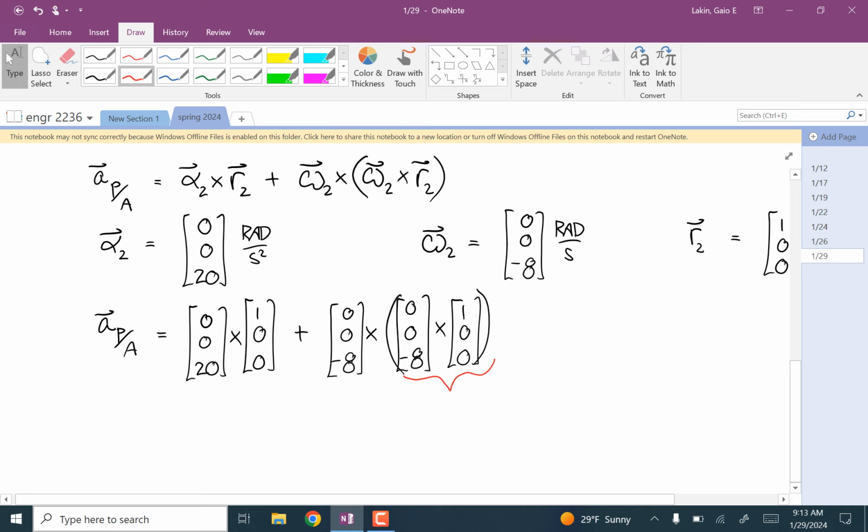You can just plug this into your calculator to do it. This will come out to be 0, -8, 0.